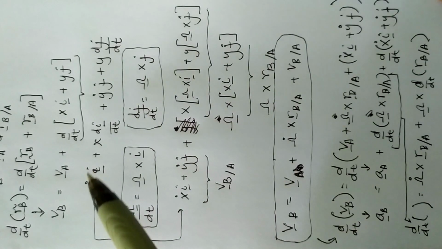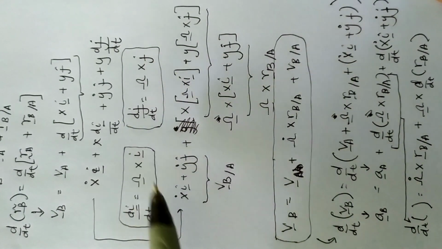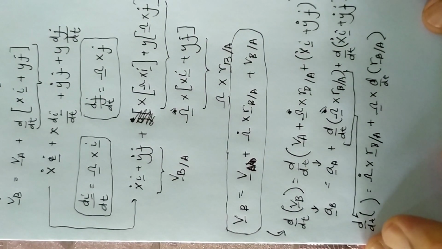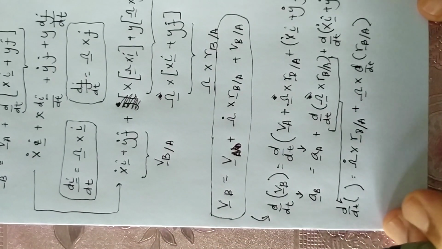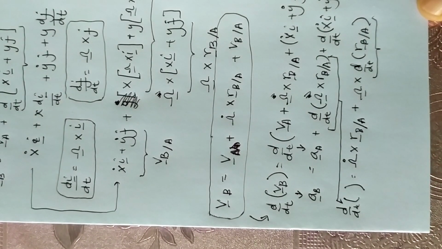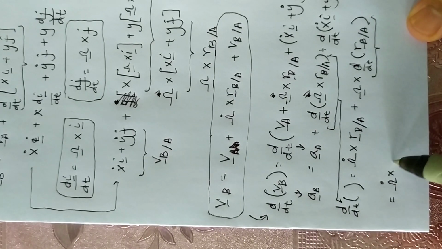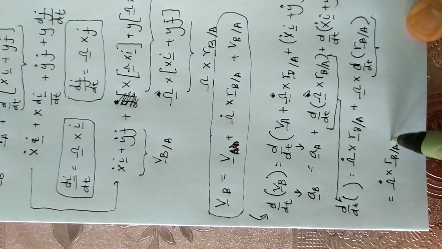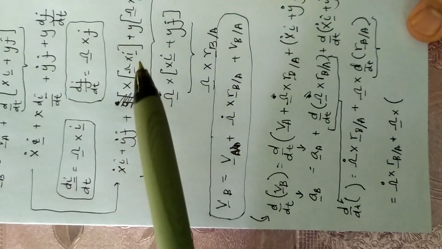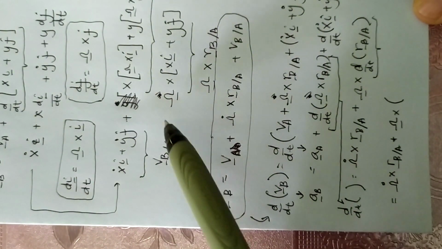We have omega cross i, and when we carry out this differentiation d over dt, we will have omega dot cross position vector of B relative to A plus omega cross v relative.